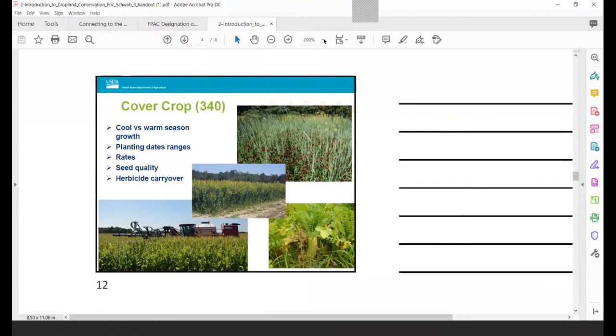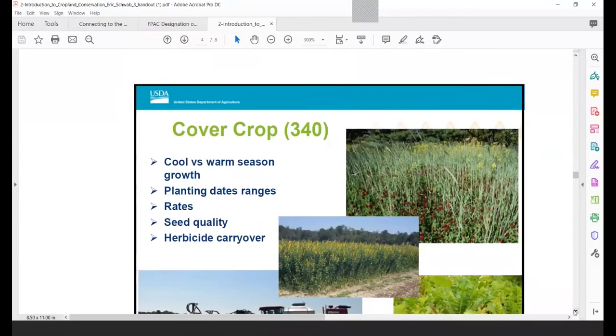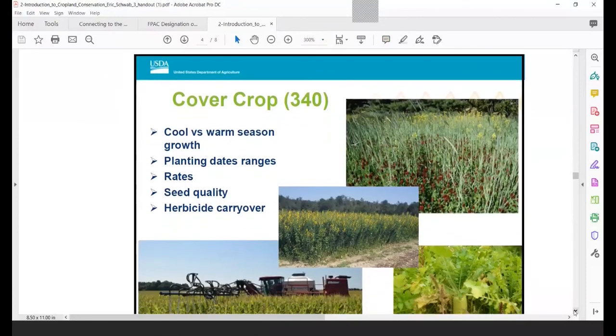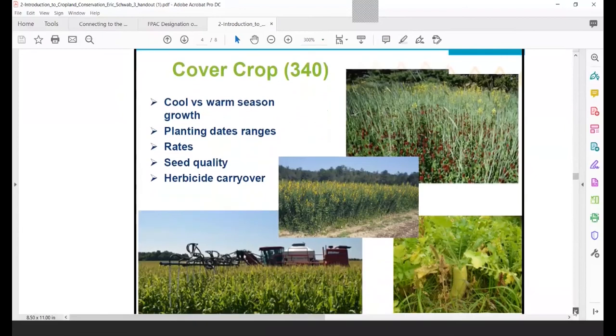Sometimes cover crops are sold with seed coatings that will drastically require more product to be planted. And herbicide carryover these days has become a real concern when planting cover crops, in that the residual herbicides, the herbicides that last a long time in the soil, that they're using on their crops may affect the establishment of the cover crops.